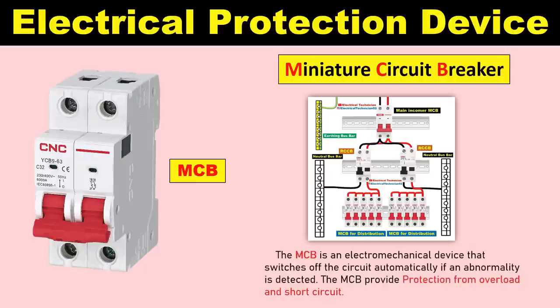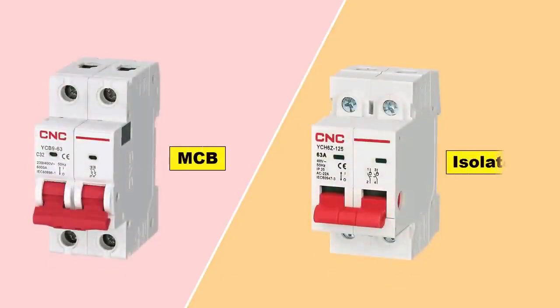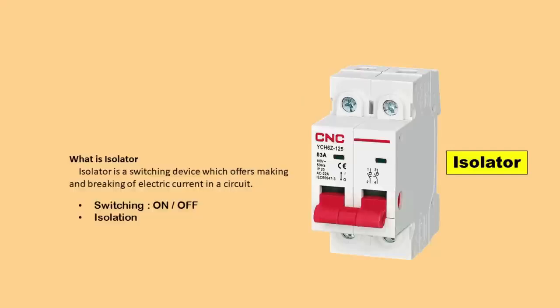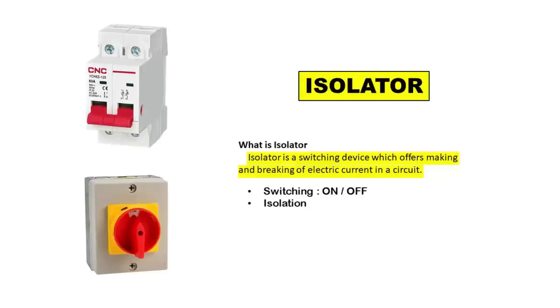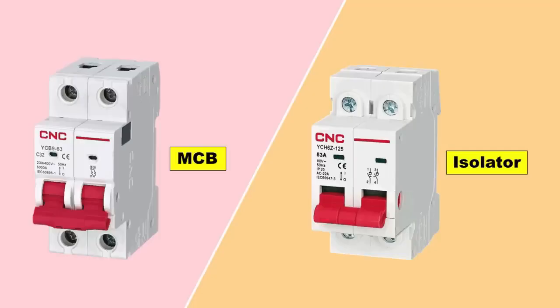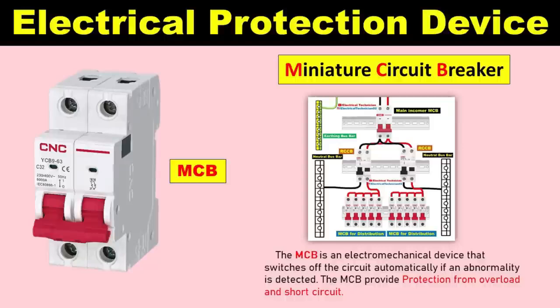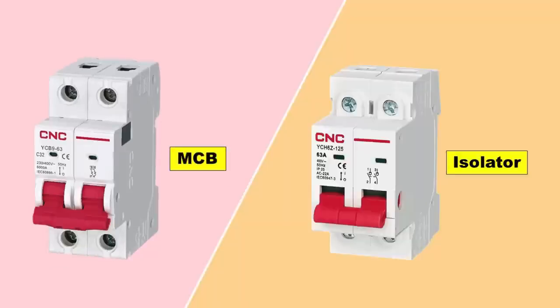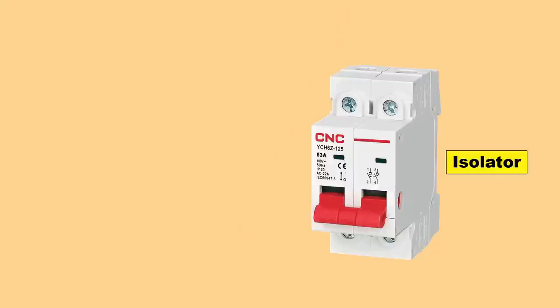Friends, before moving forward, I want to tell you one more thing, that is the MCB and the isolator, both of these look almost same. Just like your MCB, isolator is also there. Although you can find various types of isolator, but this MCB type of isolator looks exactly same as MCB. If you go to market to buy a MCB, then from profit point of view, shopkeeper may sell you isolator in place of MCB.